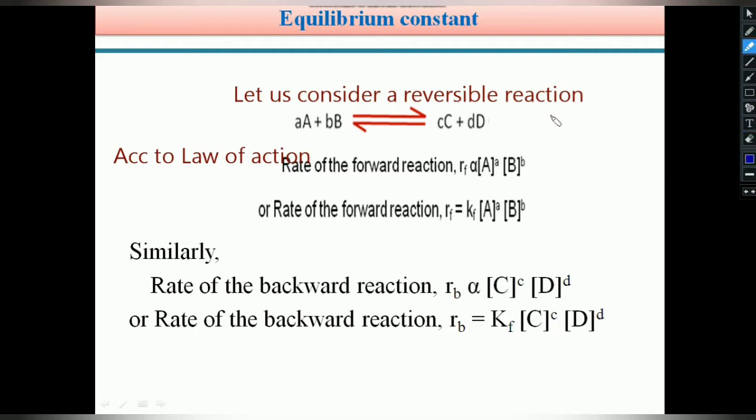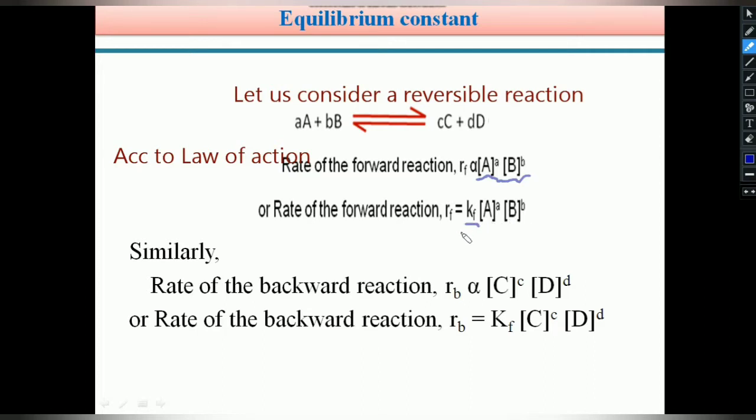The rate of the forward reaction rf is directly proportional to the concentration of A to the power of a and the concentration of B to the power of b. In order to replace this proportionality, we can introduce a proportionality constant. Let it be Kf, where Kf is the proportionality constant for the forward reaction. Therefore, the rate of the forward reaction rf is equal to Kf into the concentration of A to the power of a and the concentration of B to the power of b.